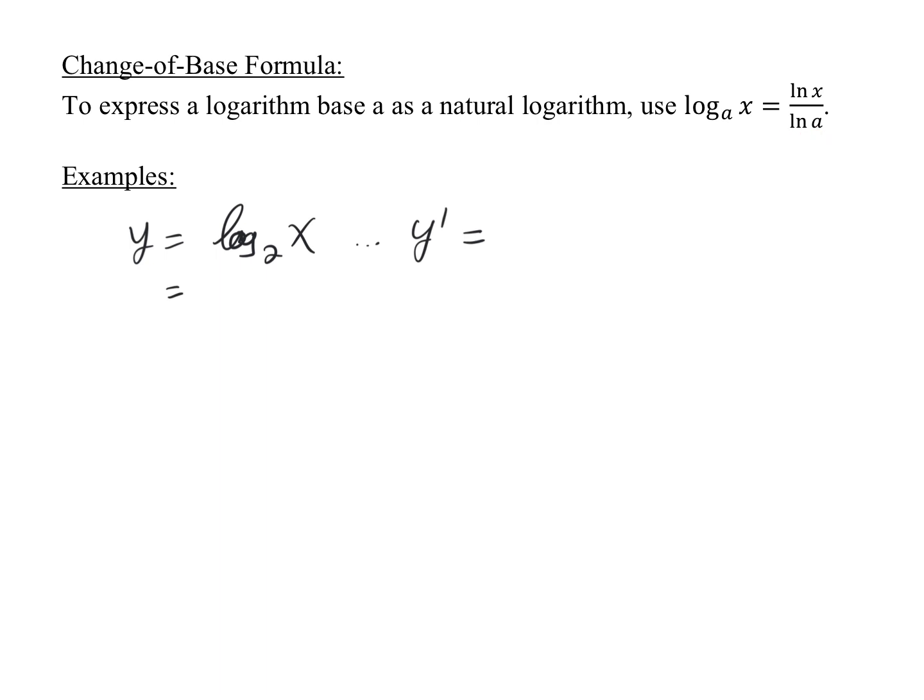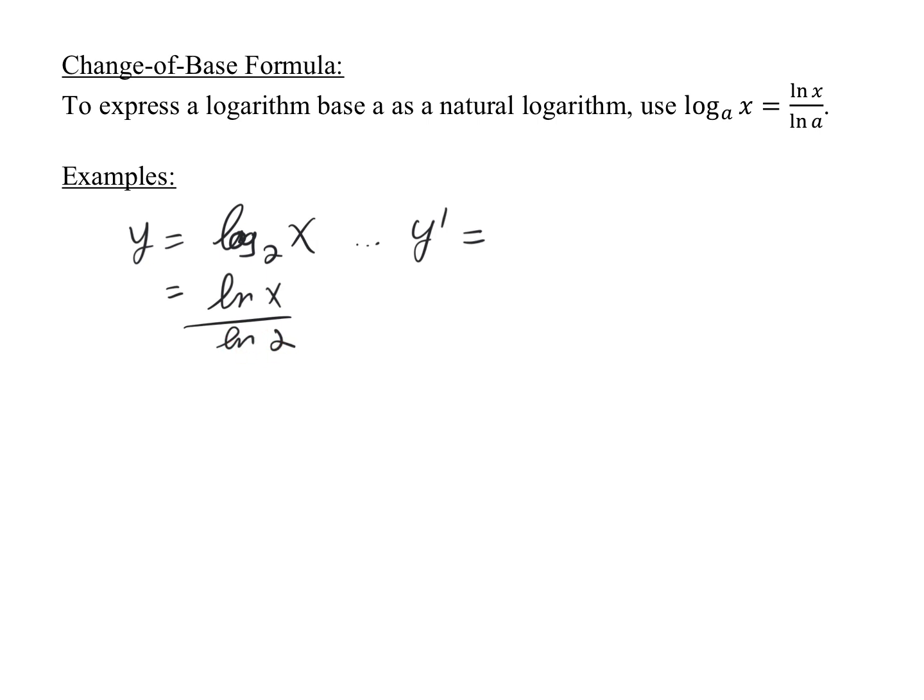Okay, so if we apply that to this example, how do we rewrite this? This is going to be the natural log of x over the natural log of 2. I have not yet taken a derivative, but now that I'm seeing this, remember that x is the variable, and natural log of 2 is a constant.